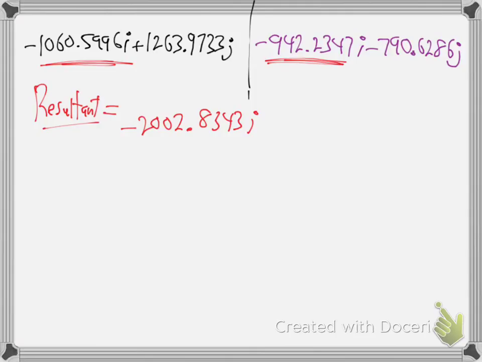The j's, I'm getting plus 473.3447 J. Is that good?